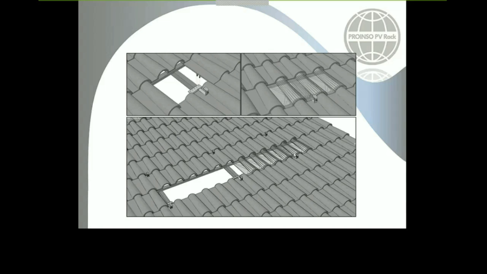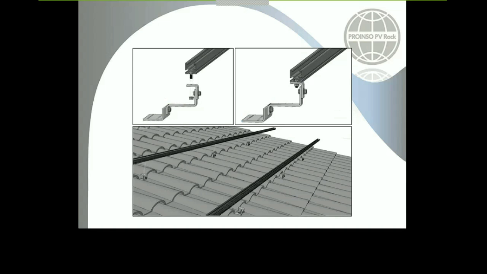Okay, the next step is, you could see here the shape that our rails have. This shape that we have on both sides and in the bottom is designed to slide the screws of our installations through them.